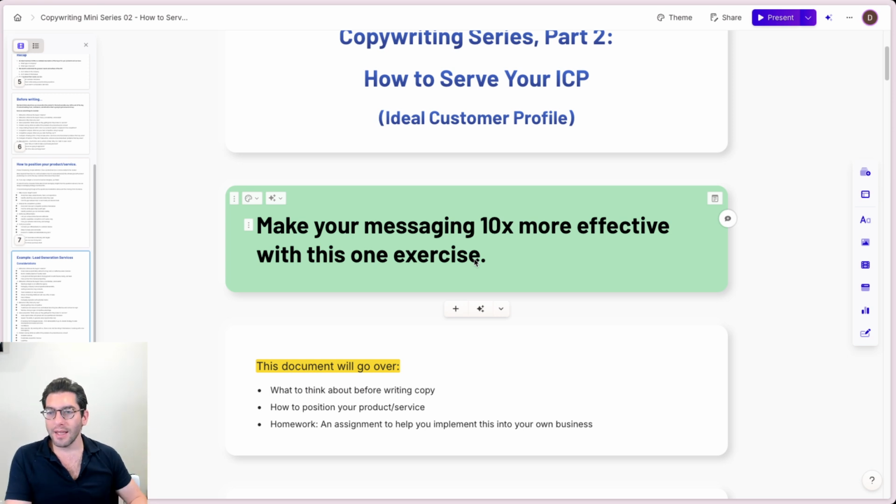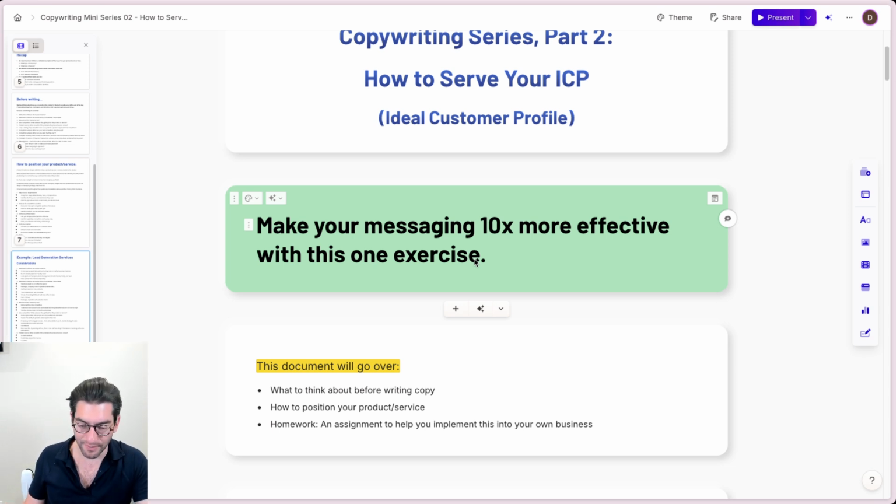So the way you can serve your ideal customer profile is by understanding how to communicate with them and how to position your product to them so that they are comfortable to make a purchasing decision. Because people are very reluctant to make purchasing decisions. However, they want or need the thing that you're offering, but there are other things holding them back from buying.